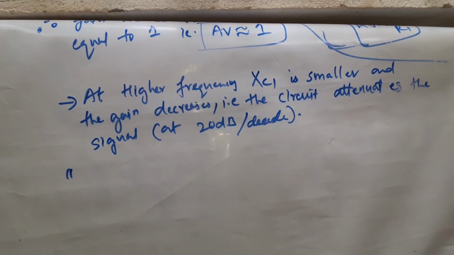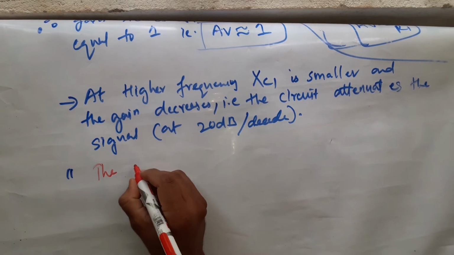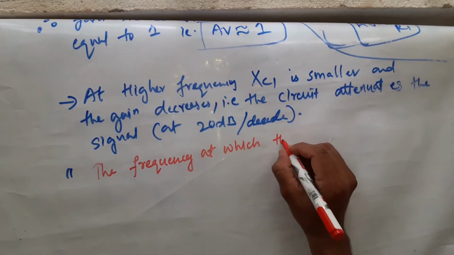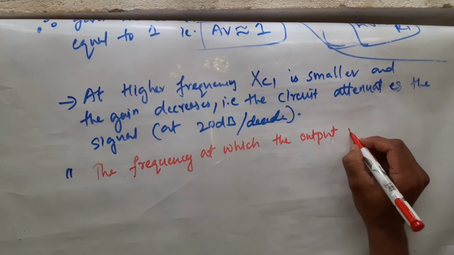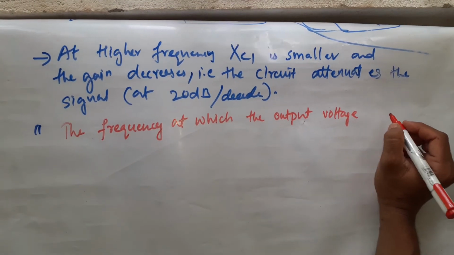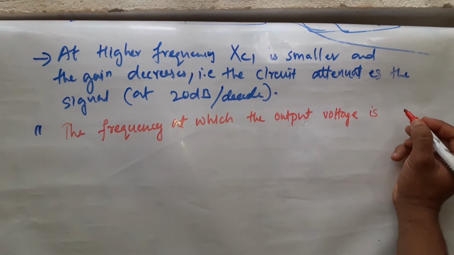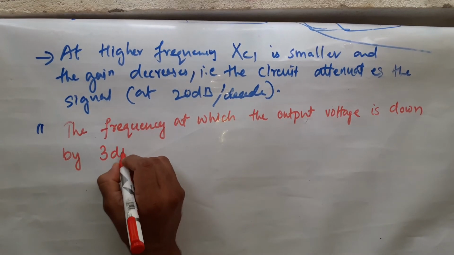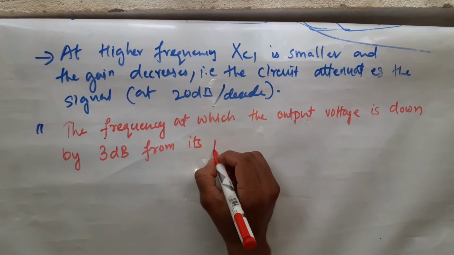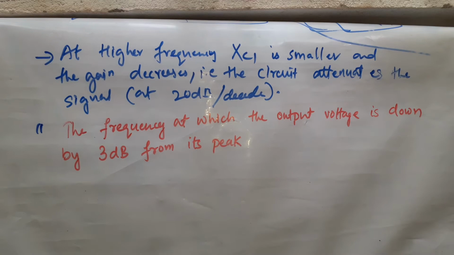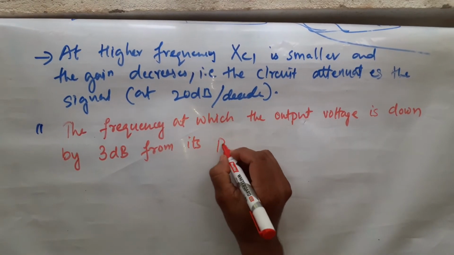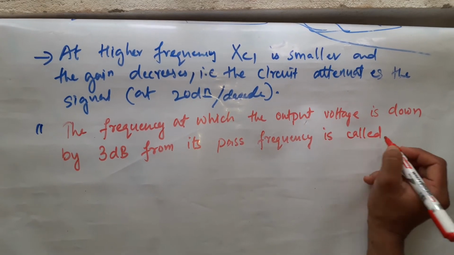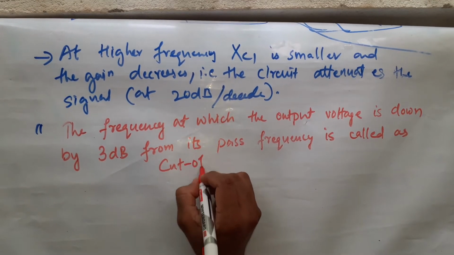One important definition I will write here for cutoff frequency. The frequency at which the output voltage is down by 3 dB from its pass frequency peak is called the cutoff frequency.